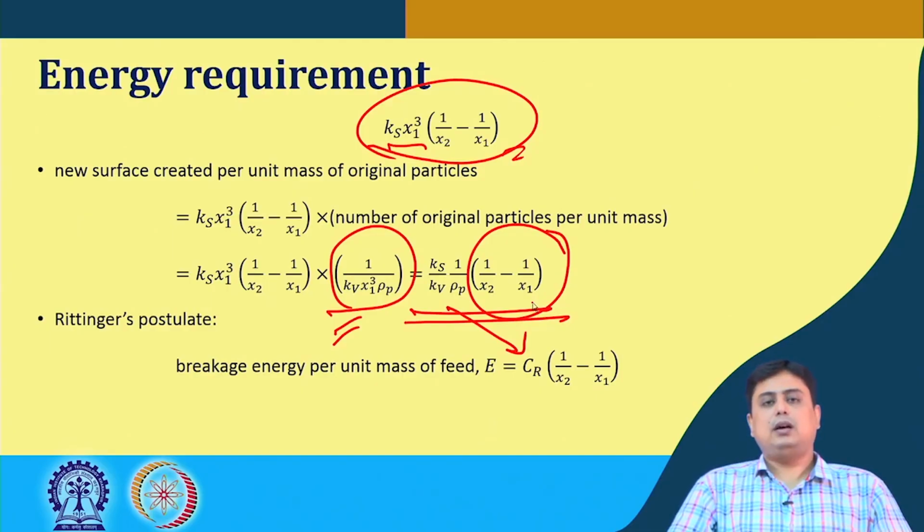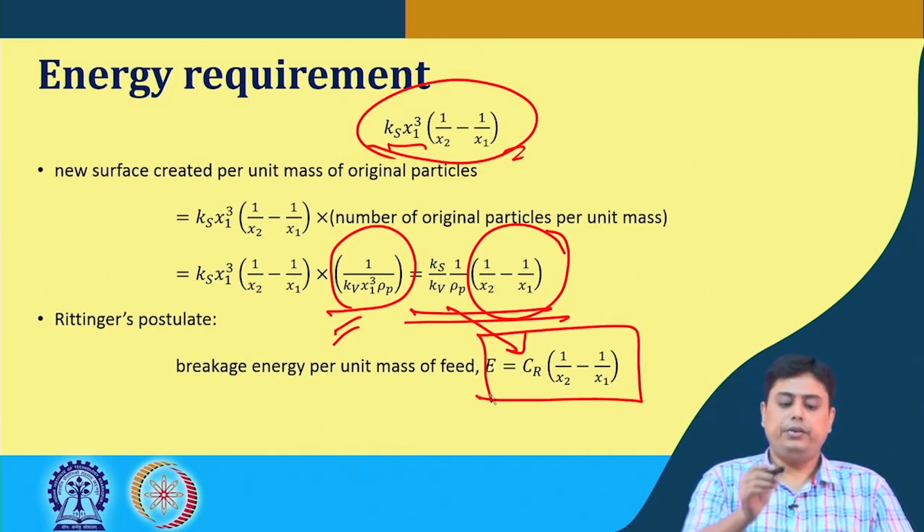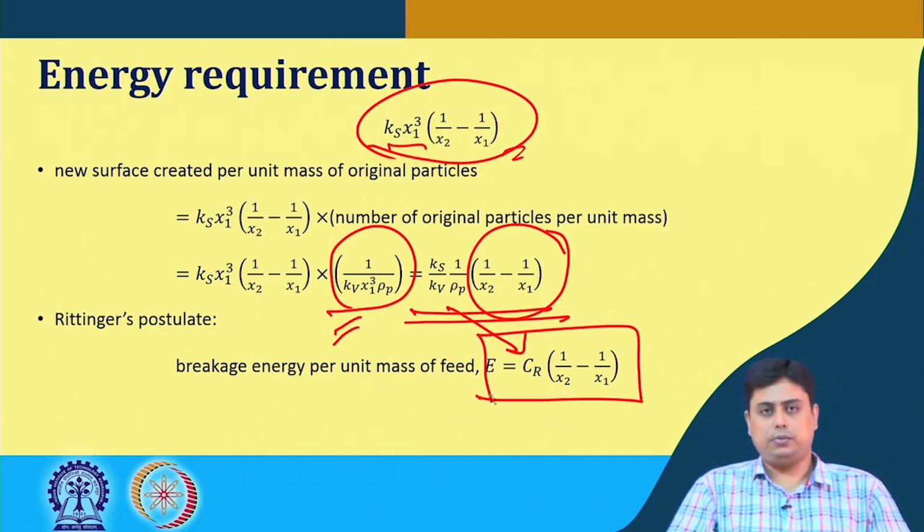Rho p is the density of the particle or the solid material, which gives the Rittinger's law expression. This is one of the vital expressions and you have to remember it. Here, Cr we call Rittinger's law constant.